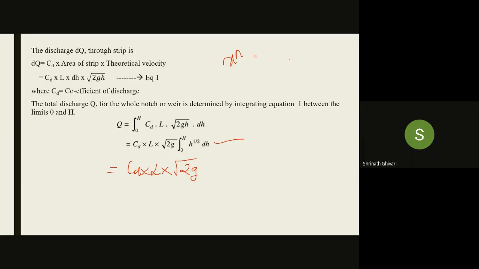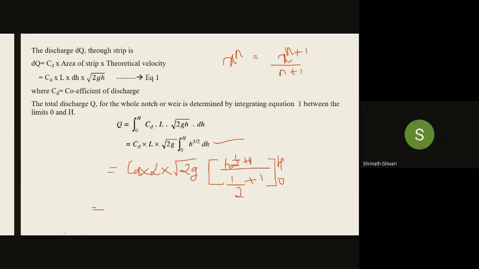Integration of x raised to n is x raised to n plus 1 divided by n plus 1. Right or wrong? So what it will be? h raised to 1 by 2 plus 1 divided by 1 by 2 plus 1, with limits 0 to H.